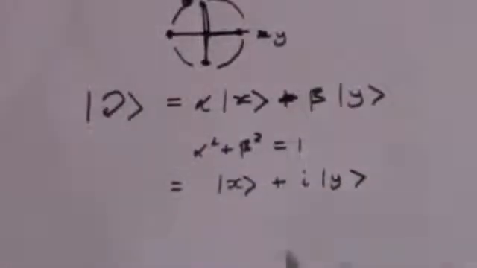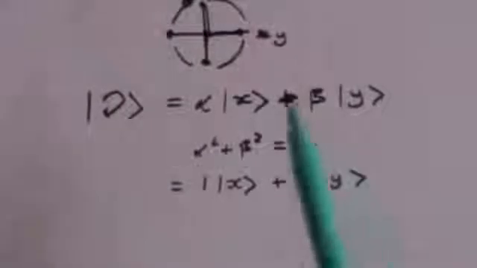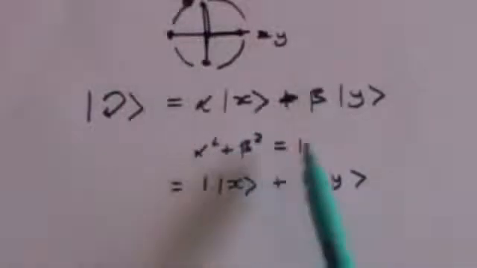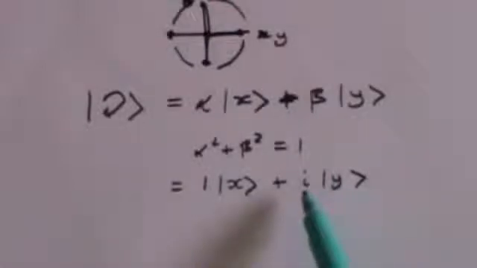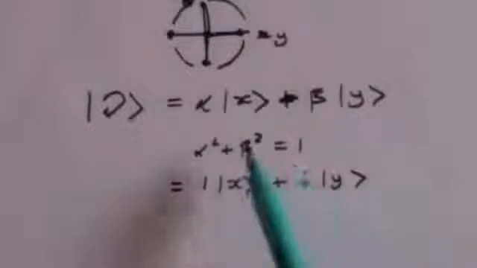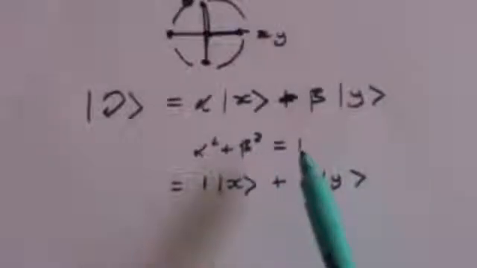Now let's just put the 1 in there so that it's clear. It's 1 times the x plus i times the y. Now you might look at that and say, oh, hang on a minute, that doesn't satisfy this equation here because alpha squared is 1, beta squared is i squared, and i squared is minus 1, so you get 1 minus 1 equals 0. That doesn't work.